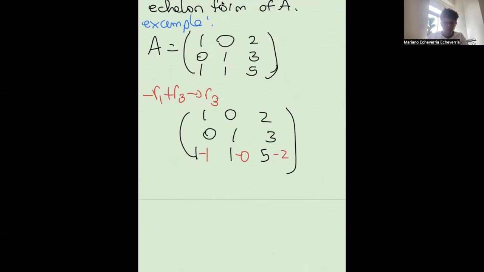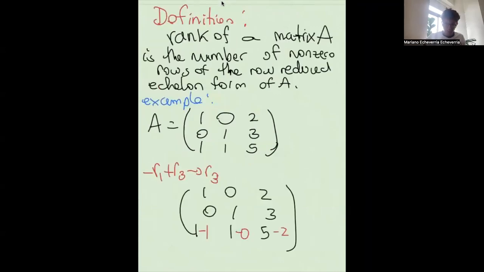Minus row 1 plus row 3 just means that you're multiplying every coefficient of row 1 by minus 1, and adding that to every coefficient of row 3. We haven't finished yet, right? Yeah, we haven't finished yet. I'm just explaining. This means multiply every coefficient of row 1 by minus 1, which is what you see here, and add that to every coefficient of row 3, which is what you see here. Or if you want, let me write it in the opposite order, because I wrote minus 1 first.